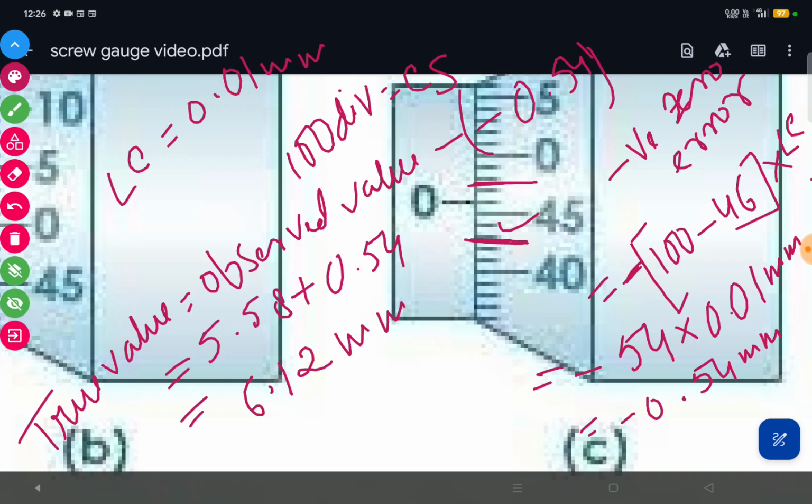Okay, in this way we can eliminate the positive and negative zero error, and we can get the true value if there is a zero error. If there is no zero error, then the process we did in the very beginning applies. I hope everything is clear with you. Thank you for the time.